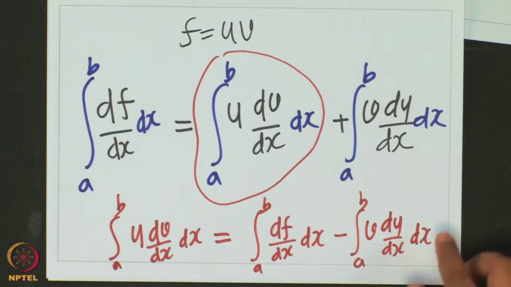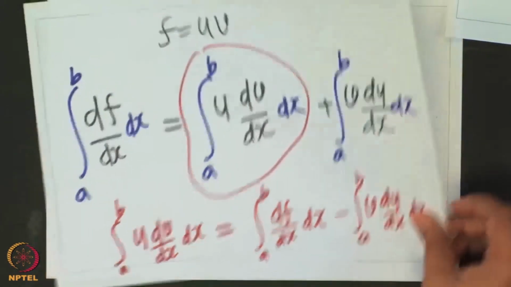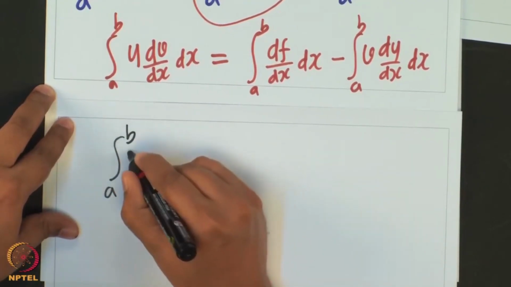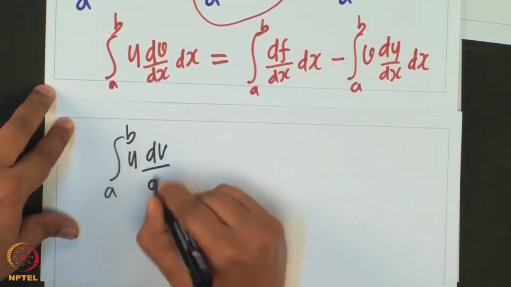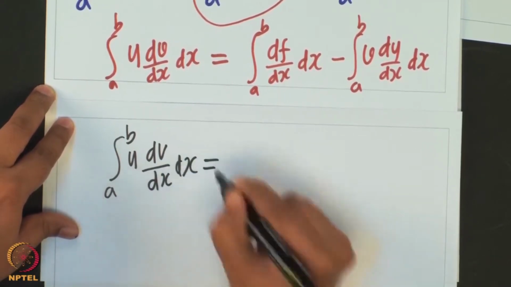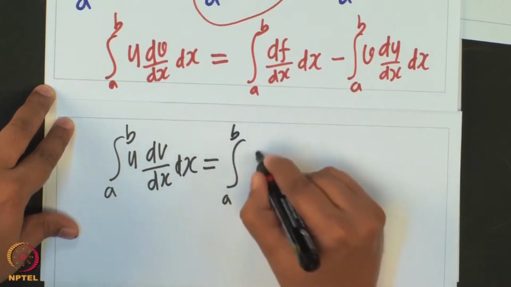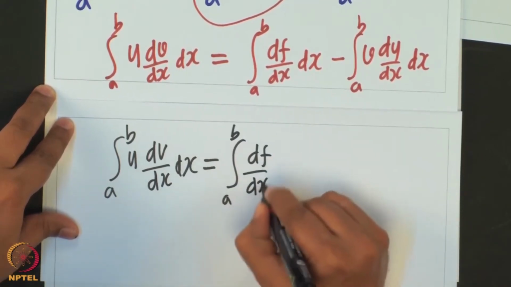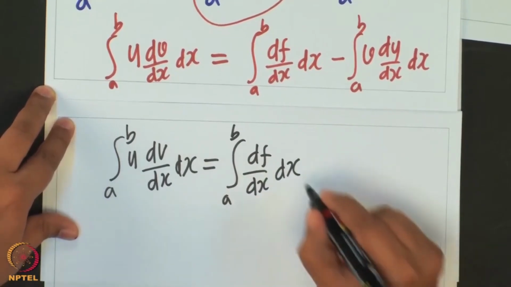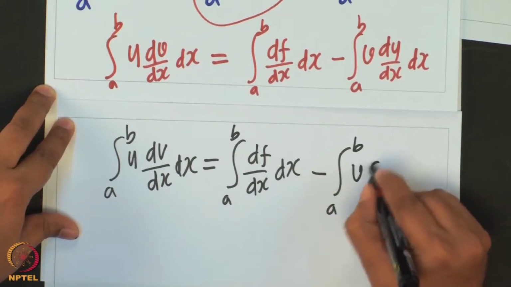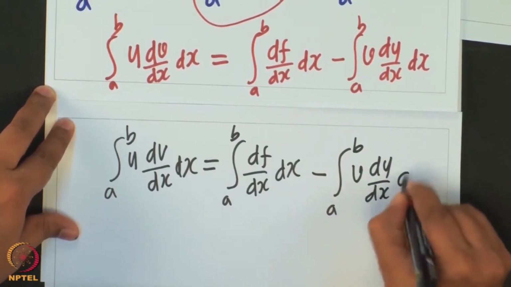Let us understand this formula a little bit more. Let me rewrite this here. We have the integral of u dv by dx is equal to the integral from a to b of df by dx minus the integral from a to b of v du by dx.